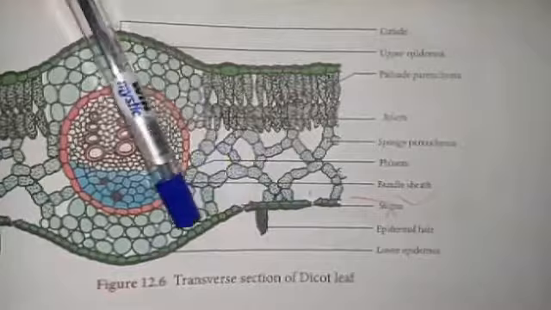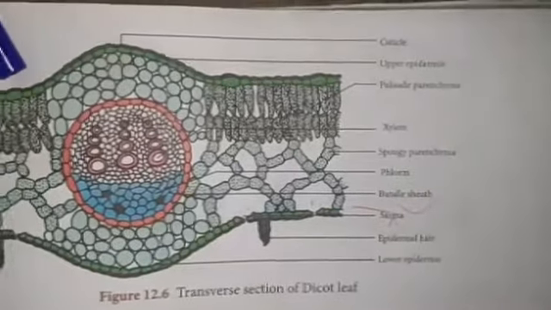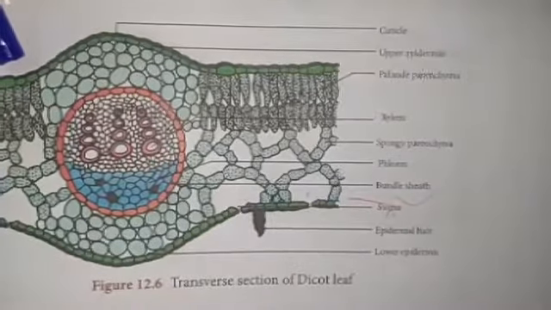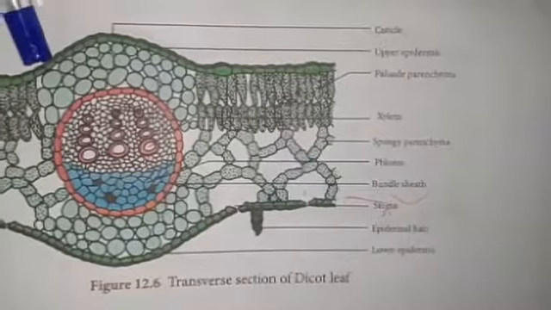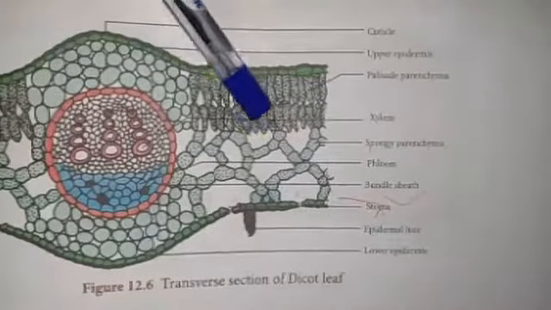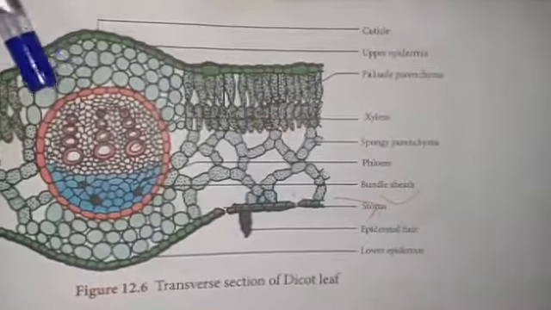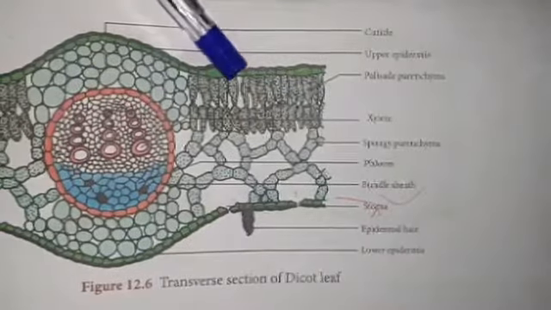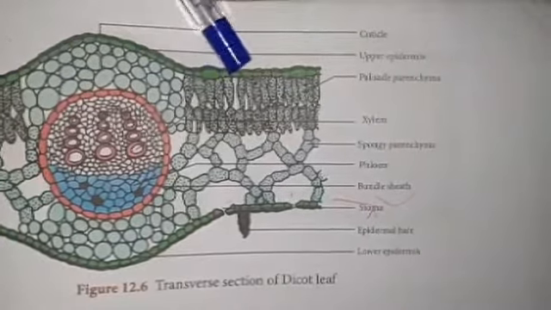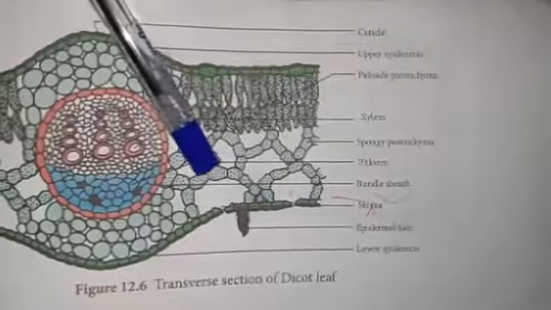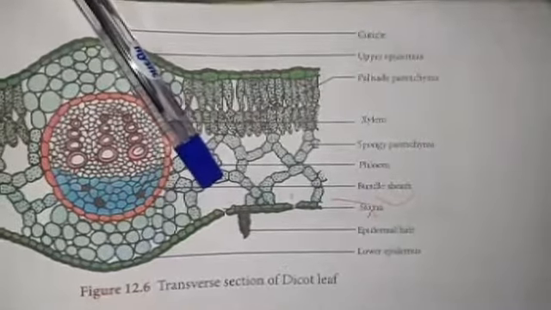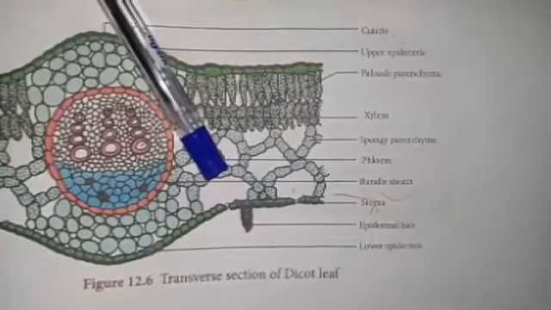The main function of the epidermis, both the upper and the lower, is protection. It protects the inner mesophyll tissues. The function of the cuticle is to check transpiration. The function of the stomata is transpiration and also exchange of gases.